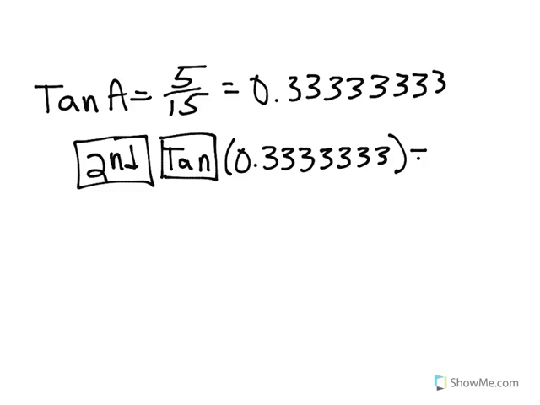That would give us 18.44 degrees rounded off to hundredths. So again, angle A equals 18.44 degrees, or 18.4, or 18. So that's how we use sine, cosine, and tangent to find angle measures.